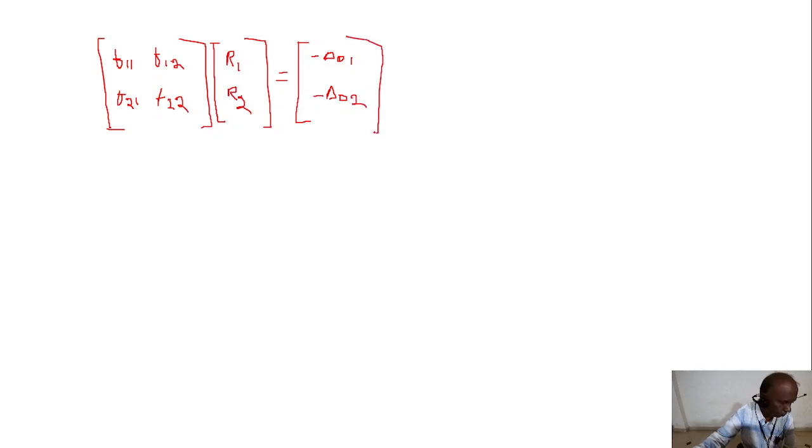So now we will put the values of these. What is the F11? 101.33 by EI.